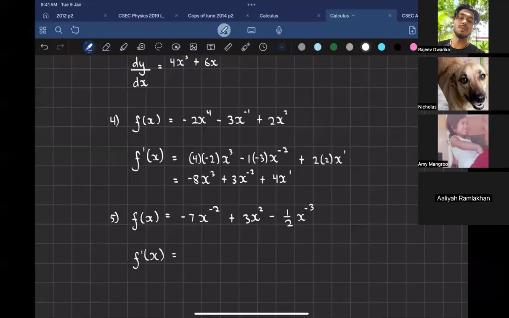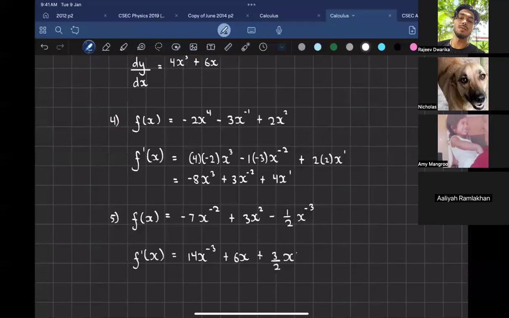Yeah, f prime x is equal to 14x to the power minus 3 plus 6x plus 3 over 2x to the power... 3 over 2x to what power?